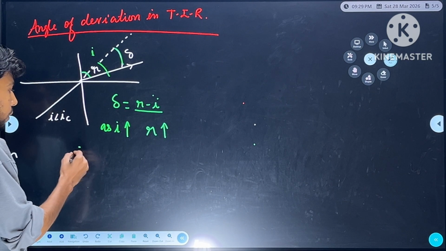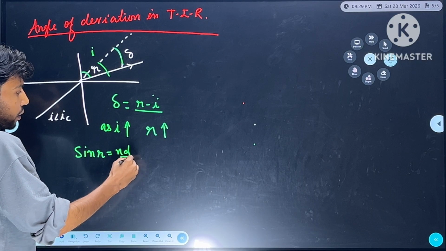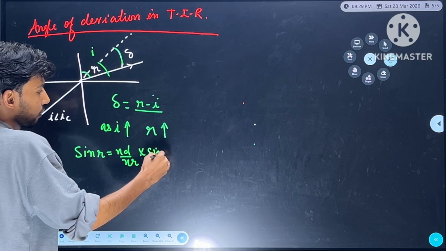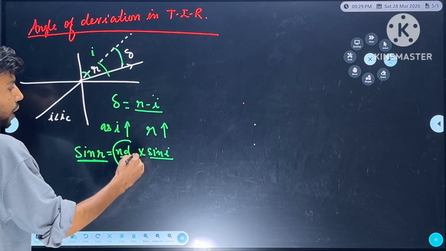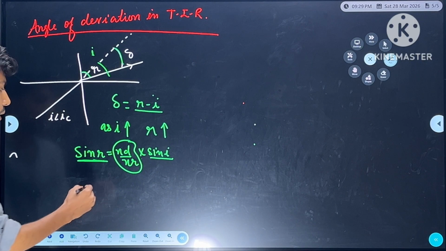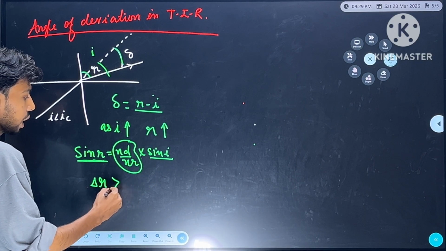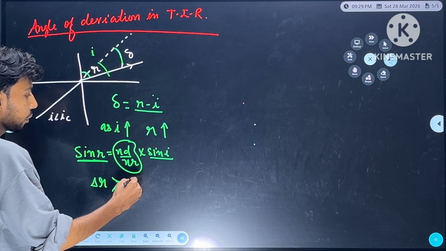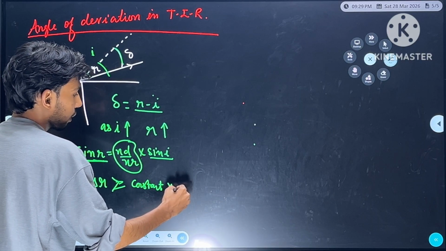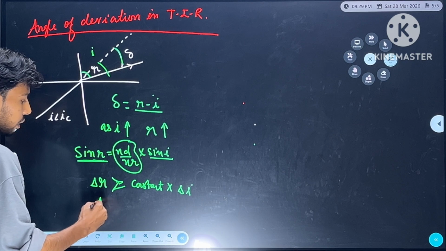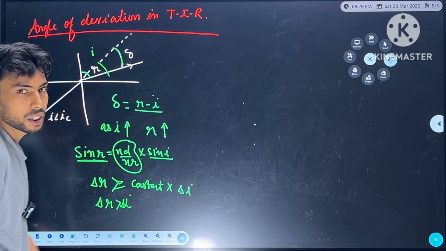But you have already seen that sin R was equal to ND by NR into sin I. That means sin R is equal to sin I multiplied by a quantity which is greater than 1. That means if I change the angle of incidence I, then the change in R will be equal to some constant, and that constant is greater than 1, multiplied by the change in I. That means the change in the angle of refraction is always greater than the change in the angle of incidence.